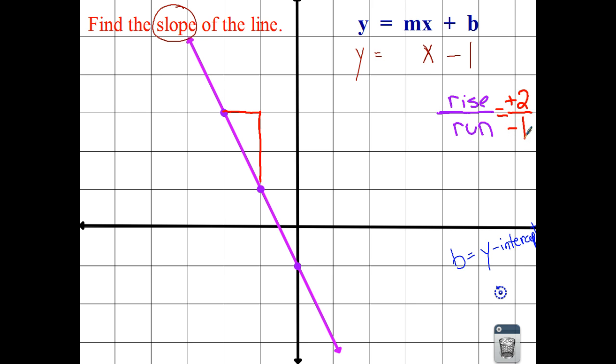So if I were to simplify that fraction, +2 over -1 is a -2 slope. So there is your equation of the line. Y is equal to -2x minus 1, because I have my b, or my y-intercept, down here at -1.